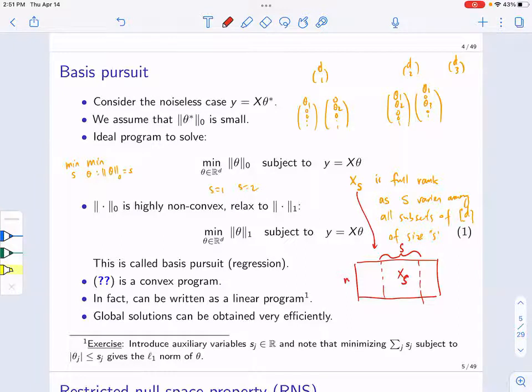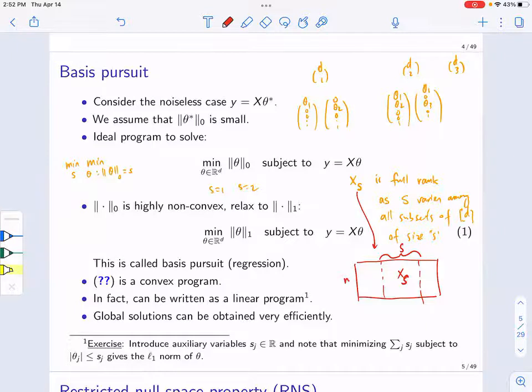The other point is that, unlike many optimization problems, for a convex problem you can guarantee that you find the global minimum. There could be multiple global minima because the function is not strictly convex, but you can find at least one global minimum. This was empirically observed, and then people tried to prove it.